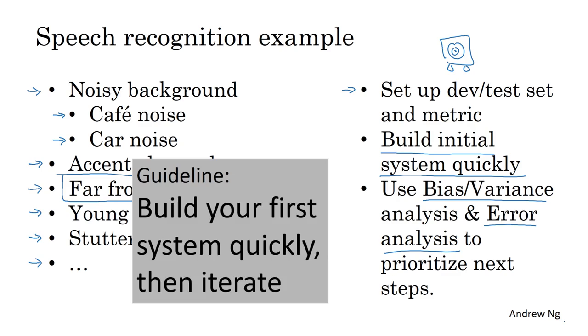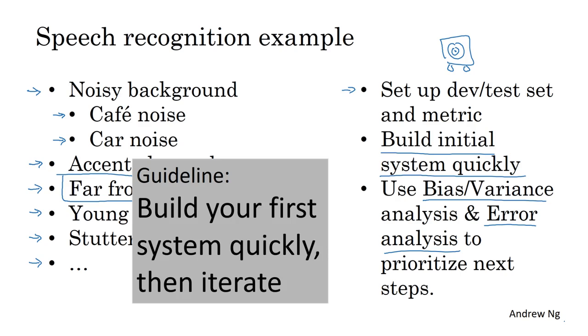This advice applies less strongly if you're working on an application area in which you have significant prior experience. It also applies a bit less strongly if there's a significant body of academic literature that you can draw on for pretty much the exact same problem you're building.